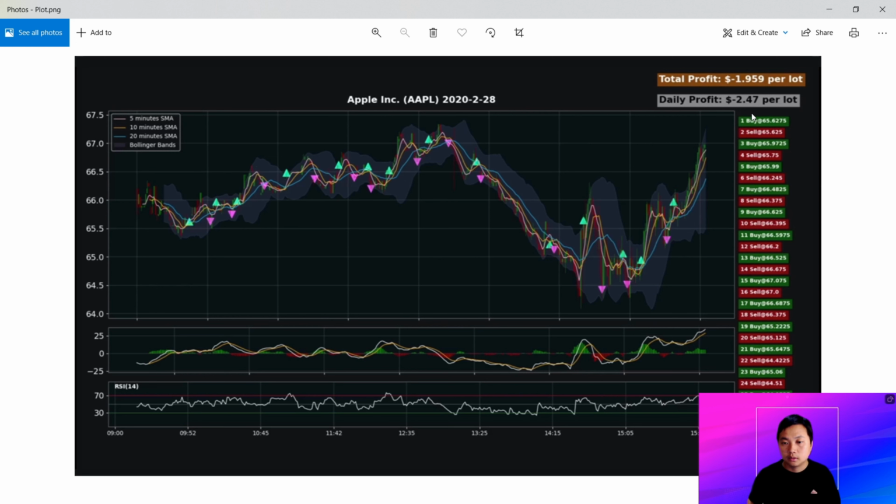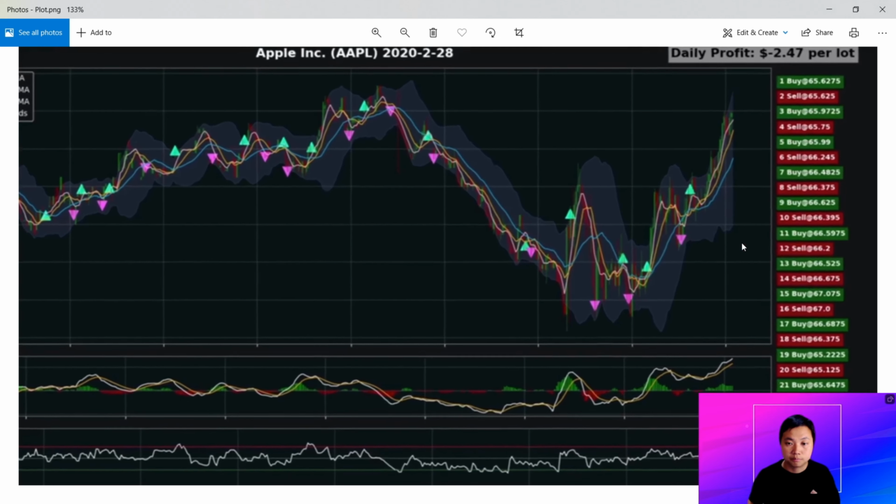And then on the right-hand side of the chart, you can see the buying price, and whether or not it's a buy or sell. If that is a buy, it will show me the buy and at what price. And on the other hand, if that is a sales action, it will let me know this is a sale at what price.